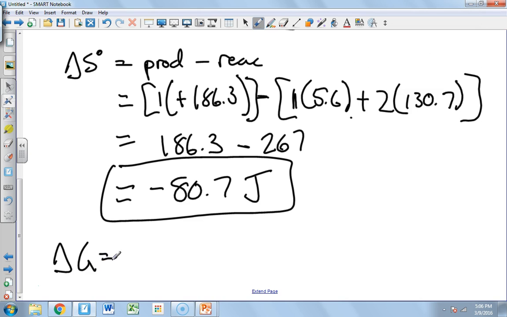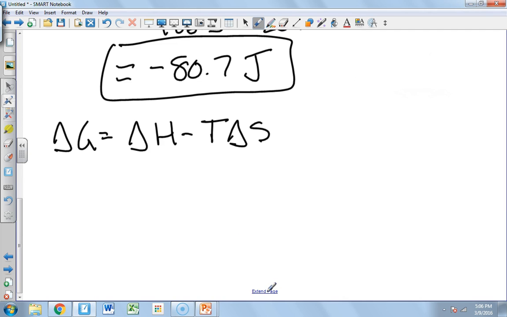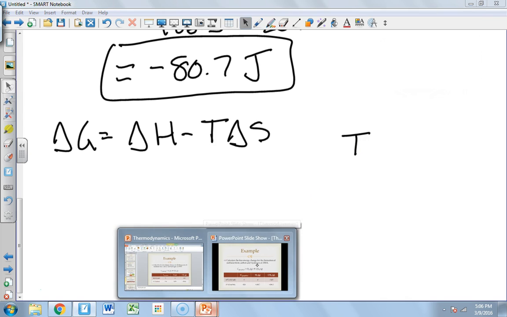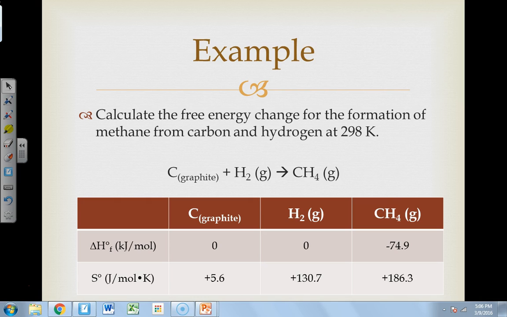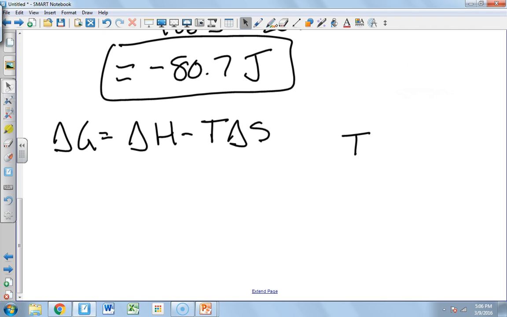Now that's the first two parts, but now we need to calculate delta G. Delta G equals delta H minus T delta S. There are two things to worry about here. The temperature that I gave you in this problem was 298. That's already in Kelvin, but if it's not, you have to make sure it gets there.